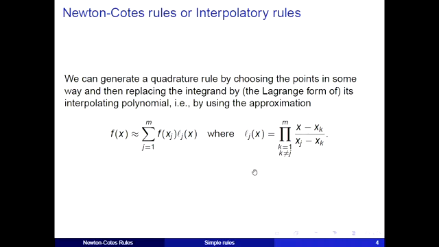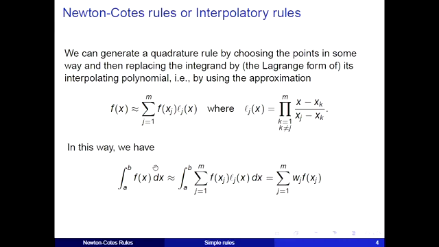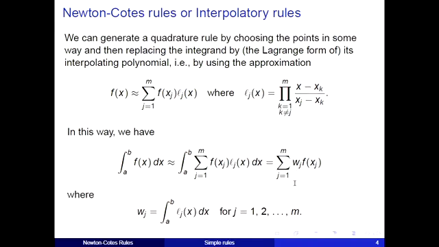So now the idea is to just approximate f by the interpolation polynomial of f, and then the integral of f is approximated by the integral of the polynomial, okay. Then the weights are just the integrals of the Lagrange polynomials, okay.